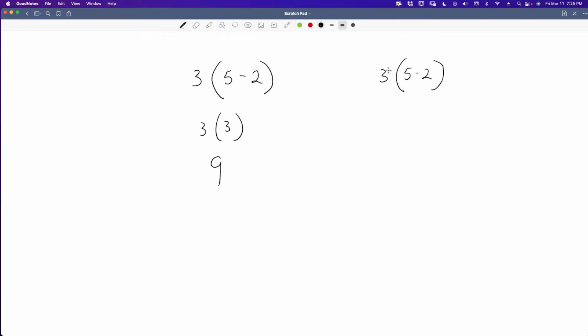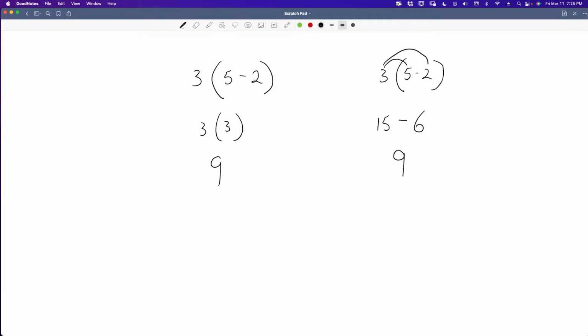Now, 3 times 5 is 15, and I'm going to bring down the operation of subtraction, and 3 times 2 is 6. 15 minus 6 is 9. So it works for addition and it works for subtraction too.